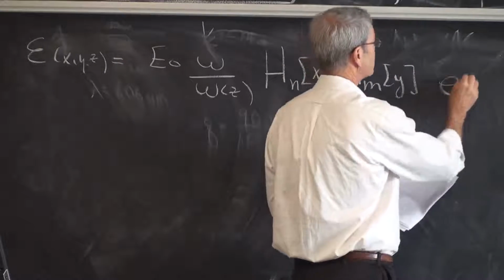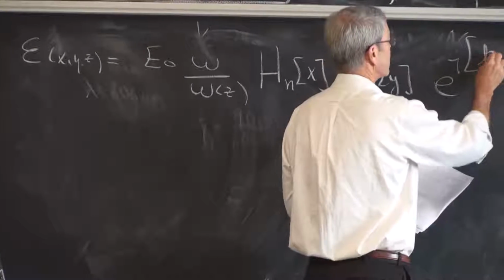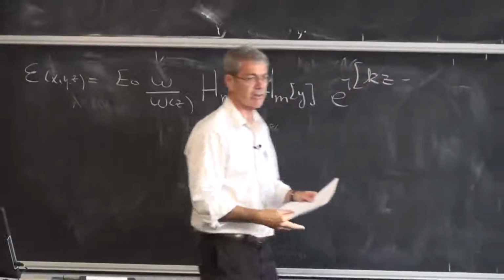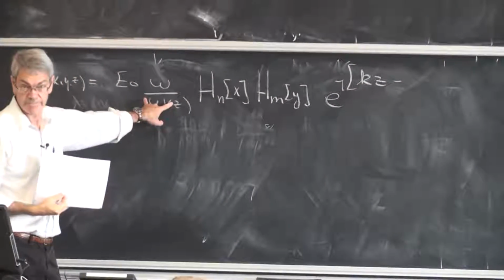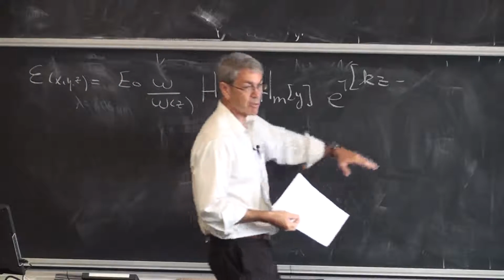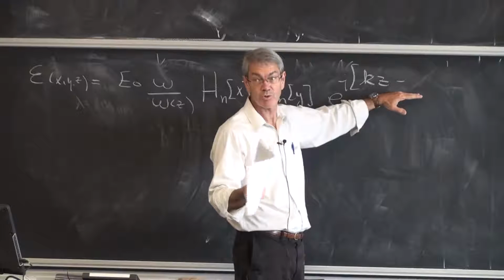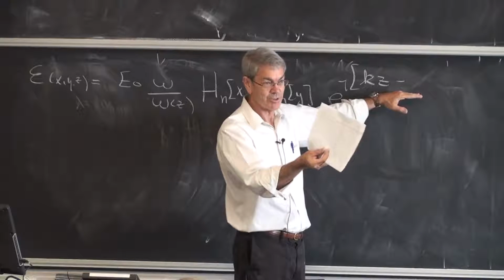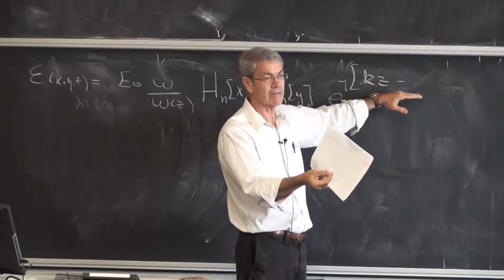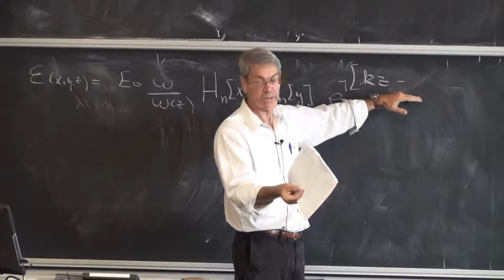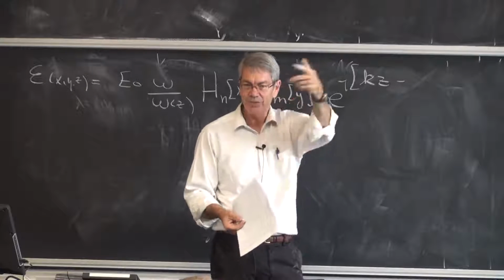I'm not going to write all that down, but I'm going to put in the phase term. We have the phase term e to the j k z, and this phase term gets modified when you add the Hermites. Remember what it was? Kz minus what? It was tan inverse of z over z naught, that little psi of z function.